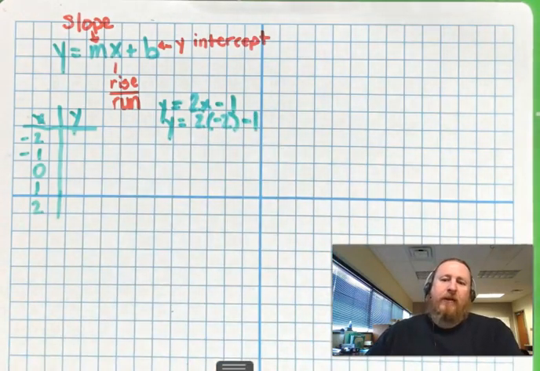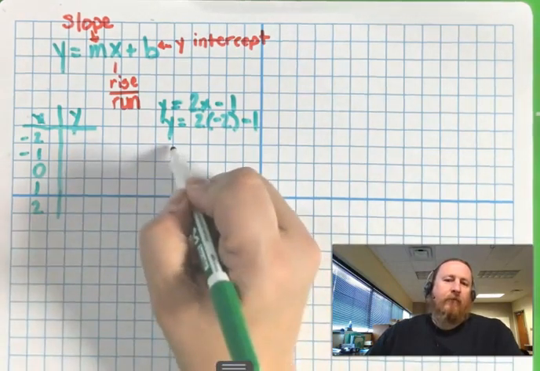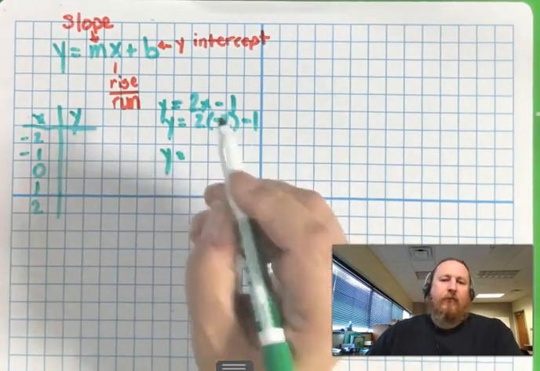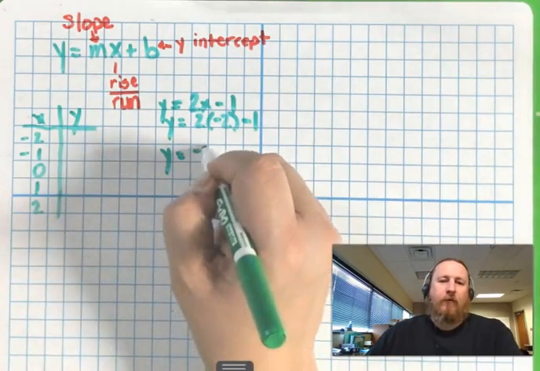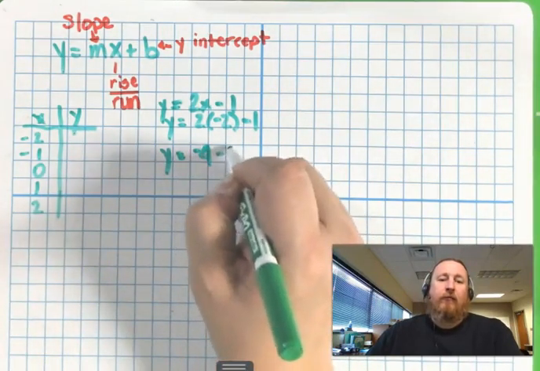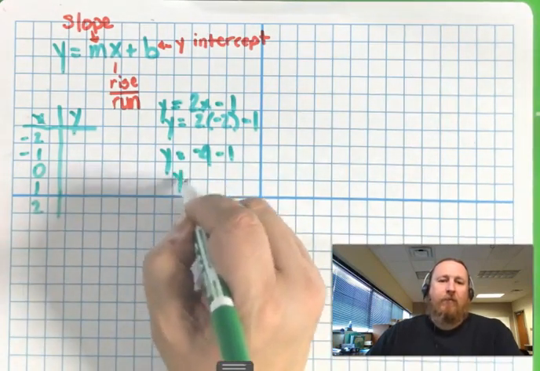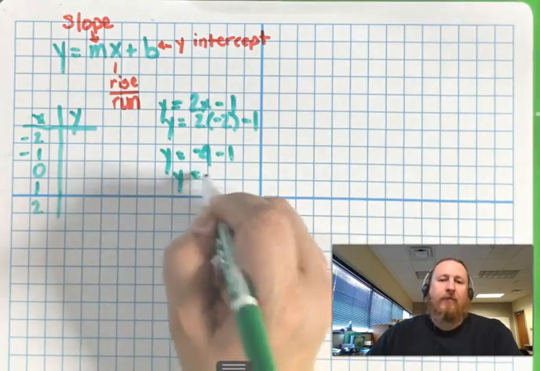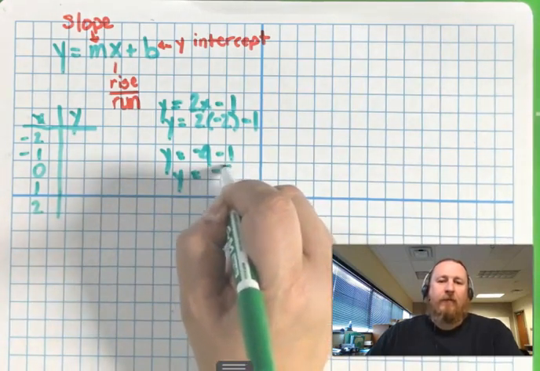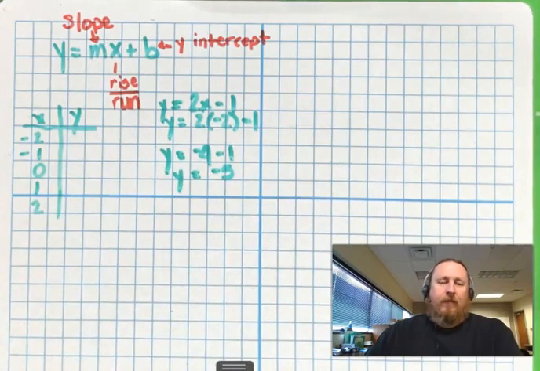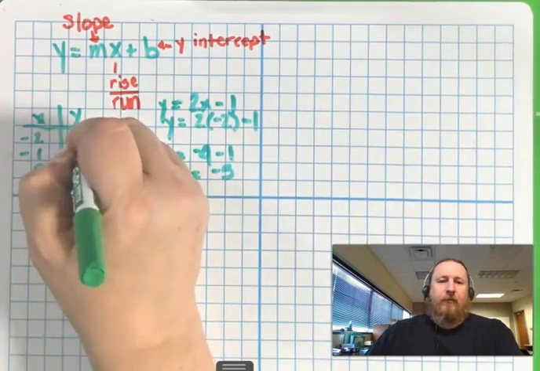We will now do our multiplication and then combine like terms. 2 times -2 is -4, minus 1, giving us a combined value of -5, which we will then write into the chart.